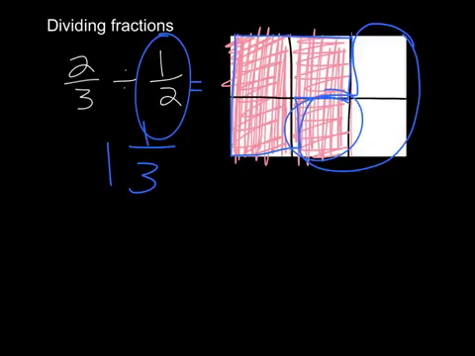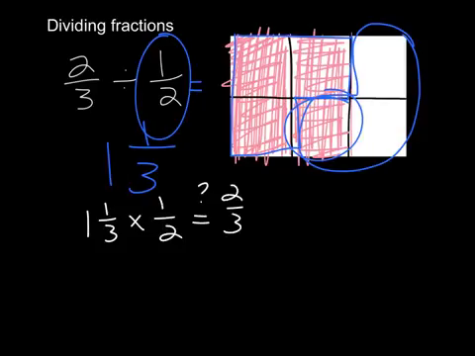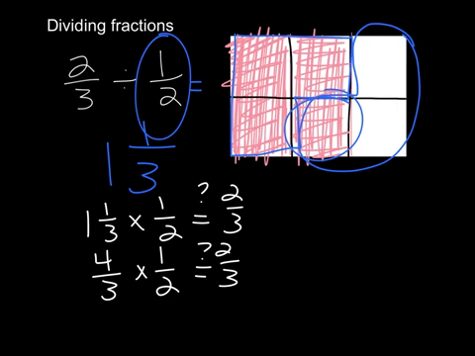And again, we can check this by multiplying 1 1/3 by 1/2 and making sure we get 2/3. So 1 1/3 is actually 4/3. Times 1/2, is that equal to 2/3? We're still not sure. We've got to check here.